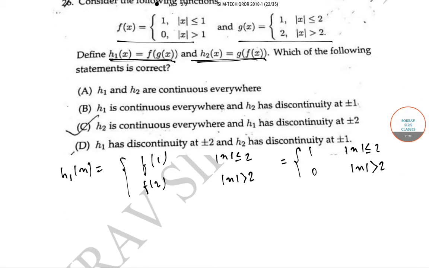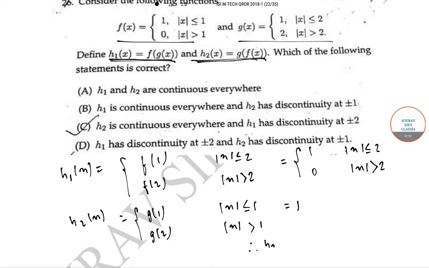And h2(x) is equal to g(1) for |x| less than or equal to 1 and g(2) for |x| greater than 1, which is equal to 1.